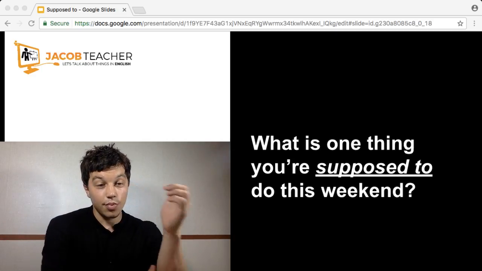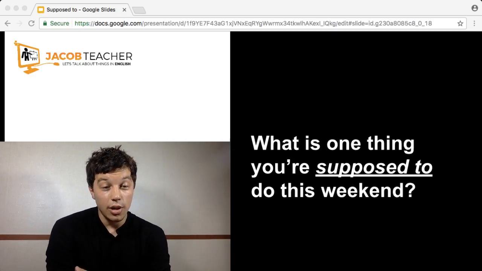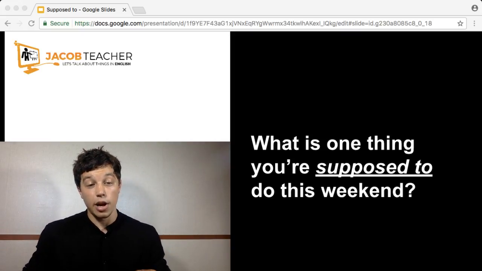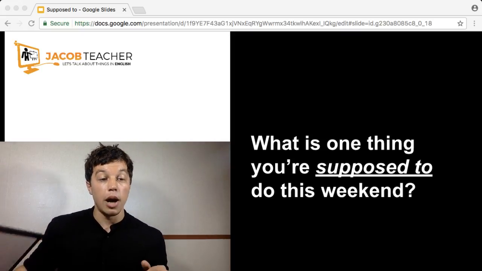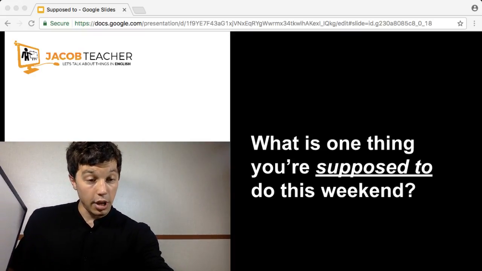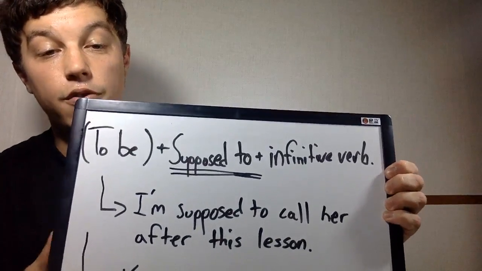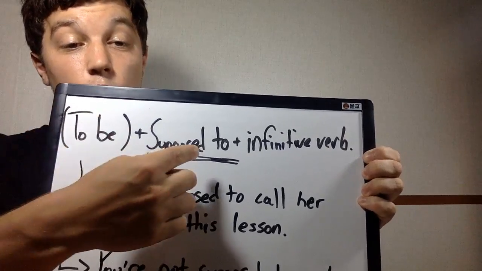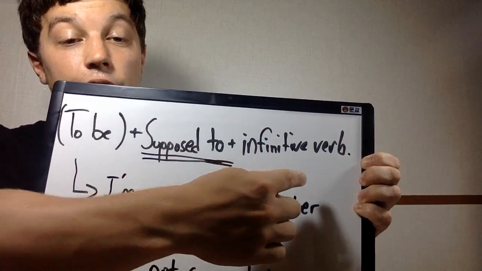Okay, Abo says, no one is supposed to dancing. Okay, remember Abo, I just want to show you, in case you came late, how we construct these. Okay, so we have to have the verb to be, plus supposed to, plus the infinitive verb.